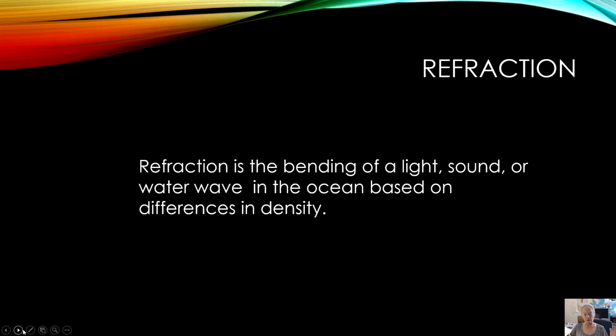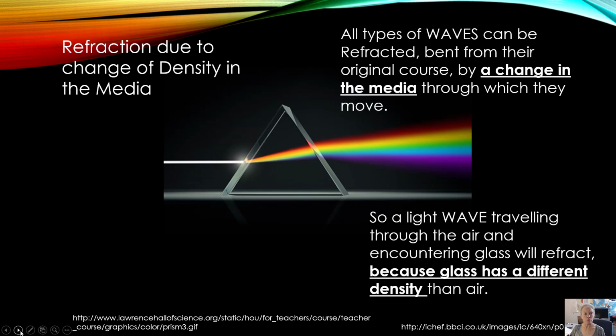So light can be traveling through, I'll show you an example in just a minute. Okay, I'll just show you. Here's the example. All right, so this is a light wave. Now this is above the water, but the same thing would work in the water.